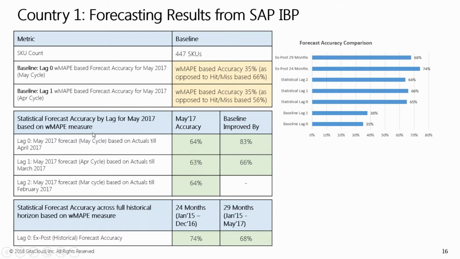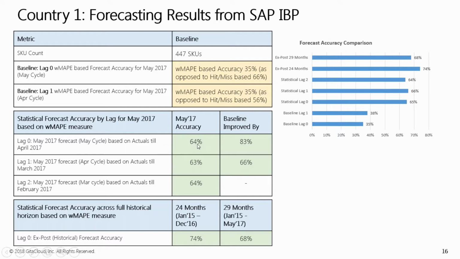The next part of this table presents the forecast accuracy for different lags, lag 0, lag 1, and 2, using our methods. Specifically, using the Winters exponential smoothing method for lag 0, in other words, we looked at the data till April, and then we came up with the forecast for May using the Winters exponential smoothing, and our accuracy numbers were as good as 64%.